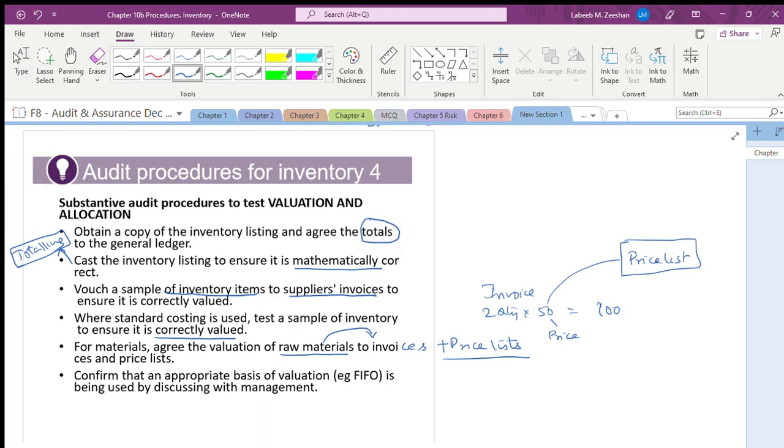Now, the procedures we are talking about are the substantive procedures. We are talking about the procedures where we take into consideration the net realizable value or lower of cost. This is nothing but the basis of valuation.